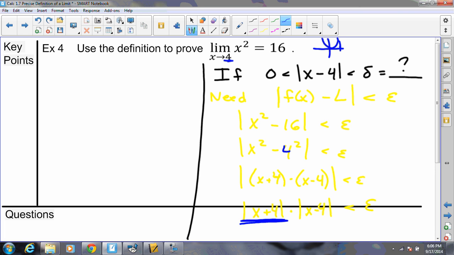We just need to have our little neighborhood, our little open interval on either side. We don't care about finding something that restricts all of them. We only care about this one small little area centered around 4.